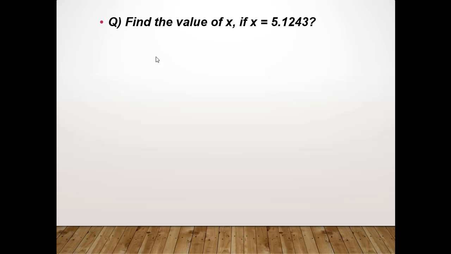So that's our answer for the anti-logarithm, okay. Find the value of x if x is equal to bar 5.1245, okay. In the previous lecture we learned that whenever the value starts from 0, the characteristic should be taken negative, and that bar indicates that the characteristic is negative, okay.